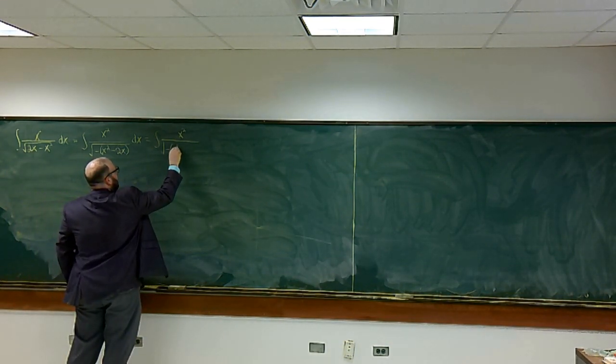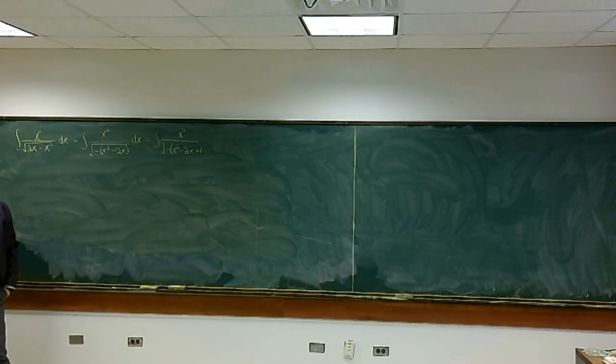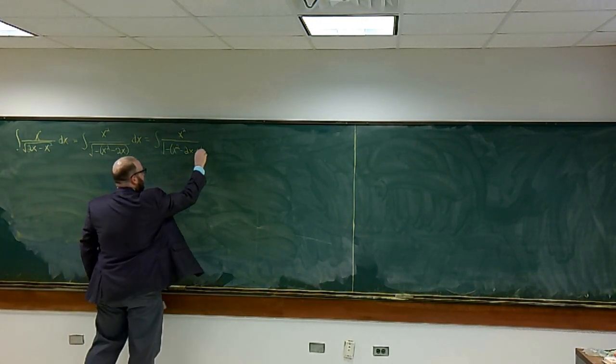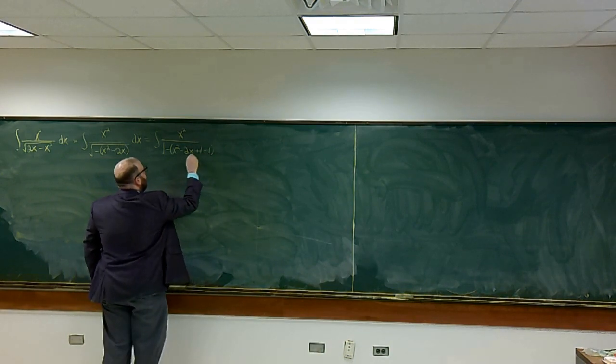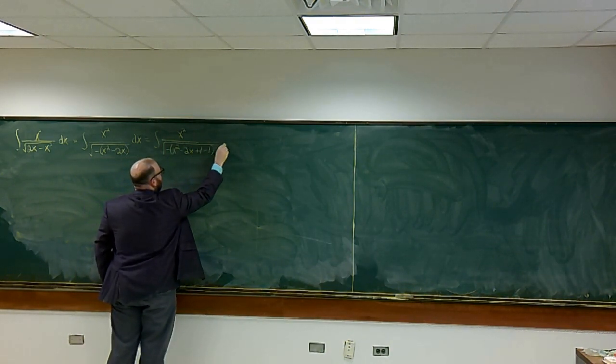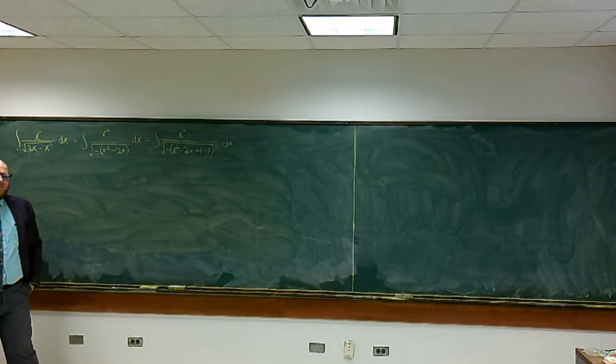So we want that to be +1. But you're not allowed to add 1. You can only add 0. So 0 is 1 minus 1. So there it is, +1 minus 1. Remember, that only works if the coefficient of x squared is 1. If it's not, you have to use a different technique. Generally, I just factor out the coefficient, and then take half of b squared.